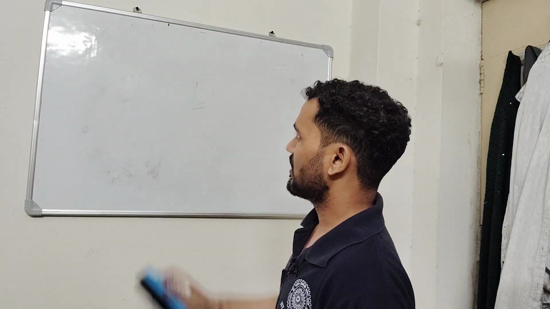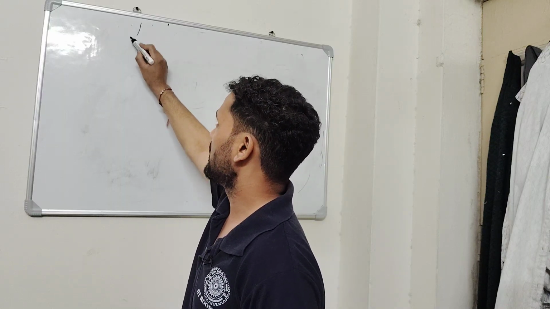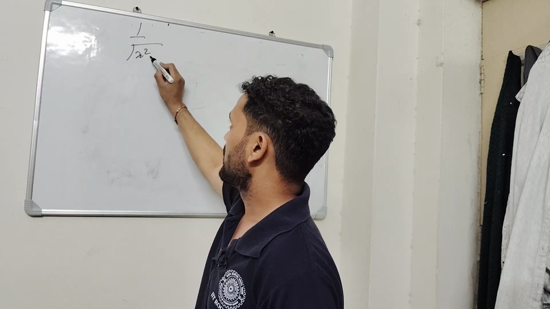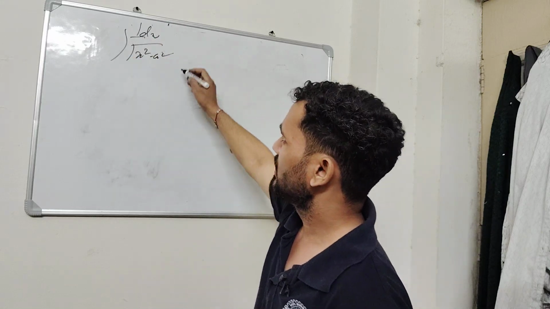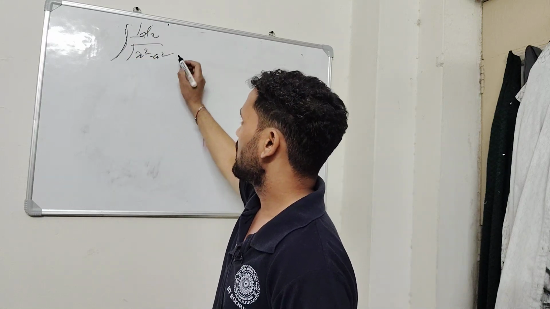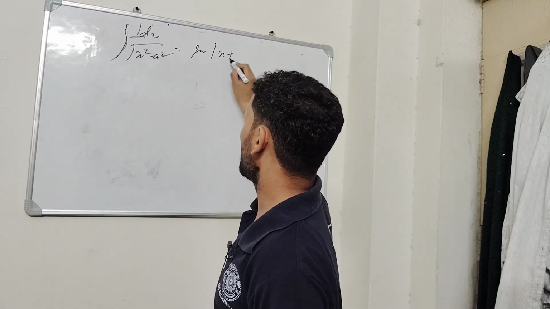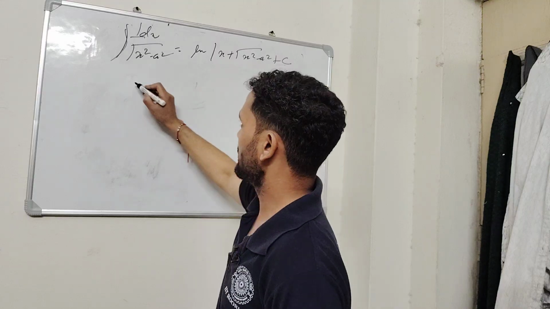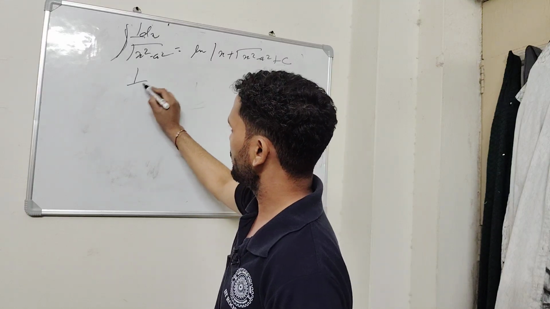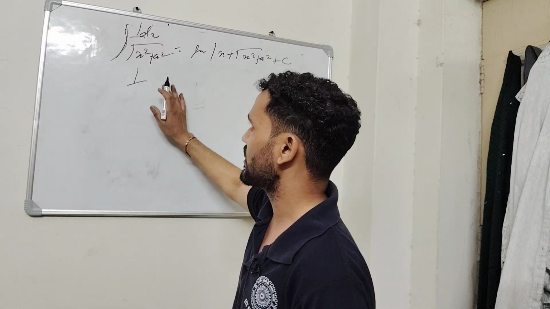So now comes another format, which is if a quadratic is given in the denominator. Simply, now what is the integration of this one? Simply ln of x plus the square root of x square minus a square, plus c, right? If this one is plus, there is no change.